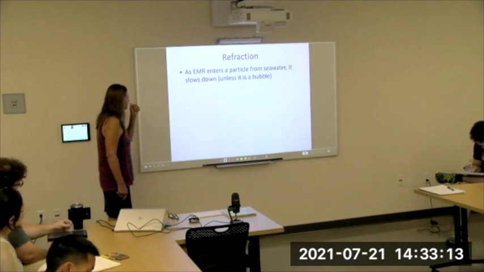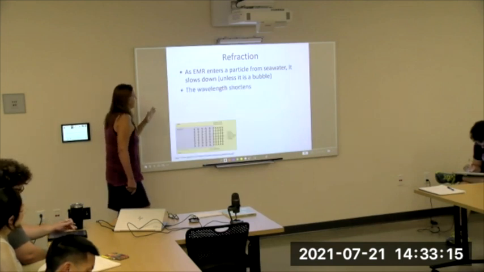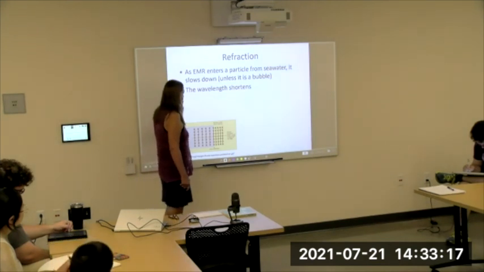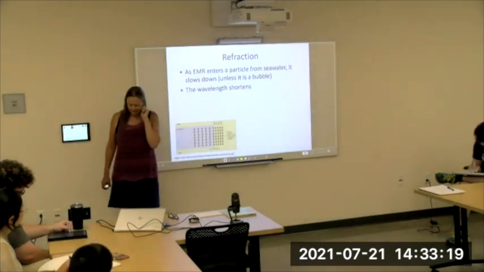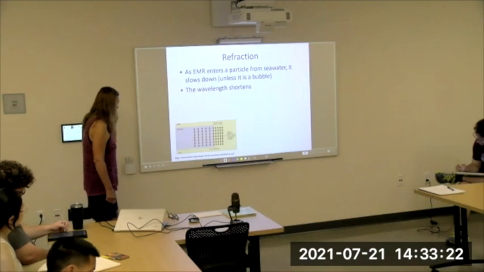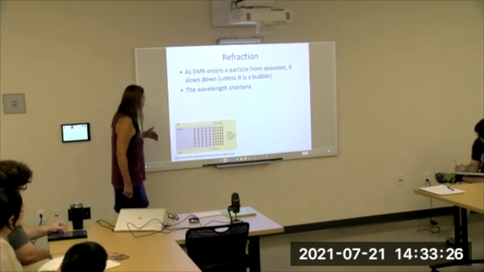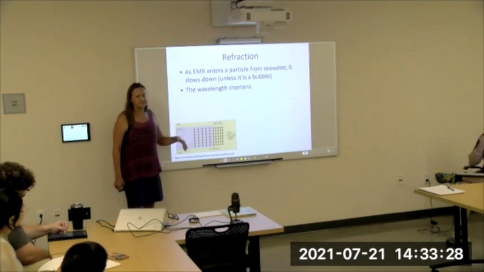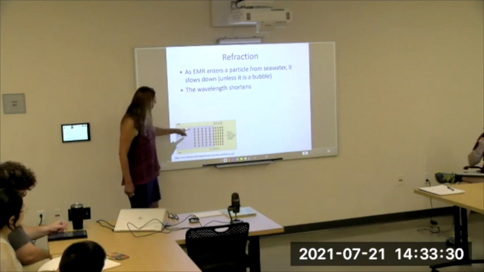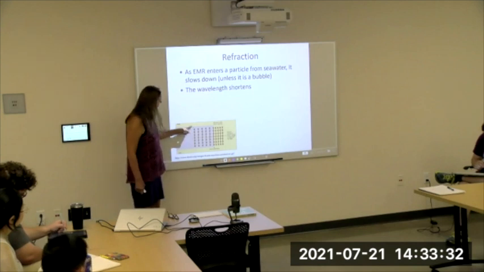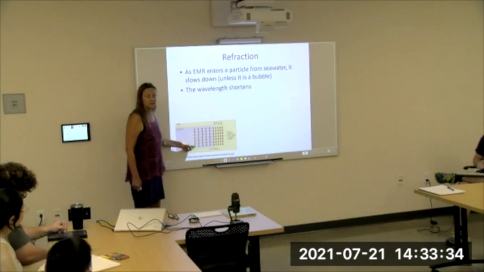So unless we're talking about bubbles, it's going to slow down. And when that happens, the wavelength shortens. I use this figure, and I can't even remember where I first saw it. It was from some textbook, but I did find a clean one online. And it demonstrates this with a marching band. Each dot is a marcher. They have to march in line because that's what marching bands do.